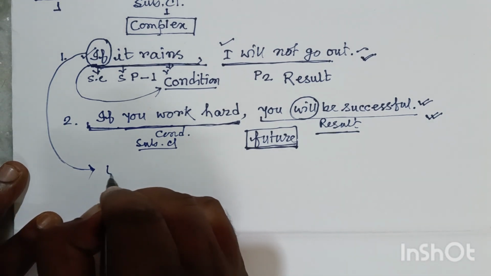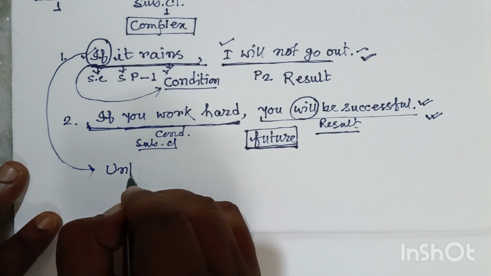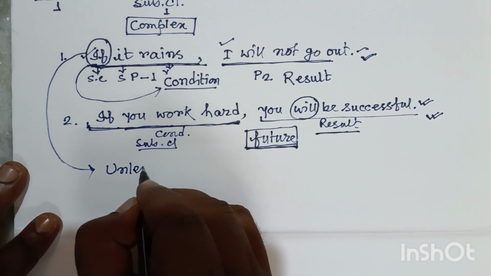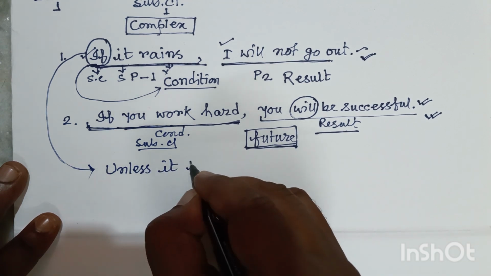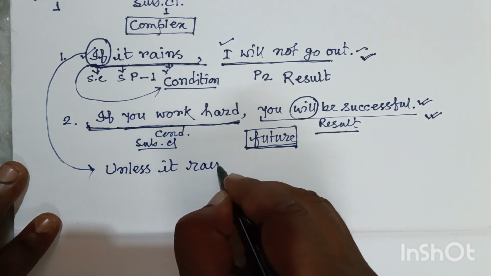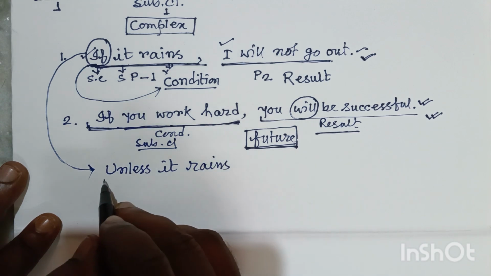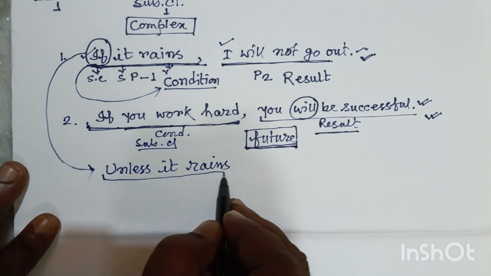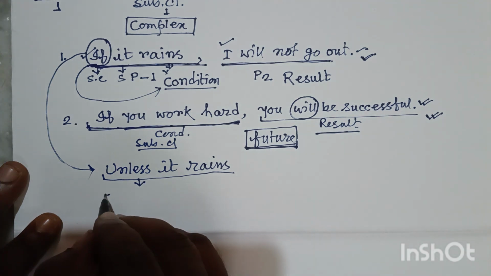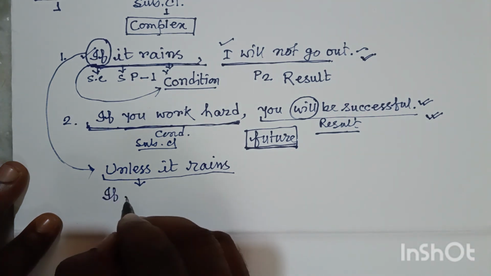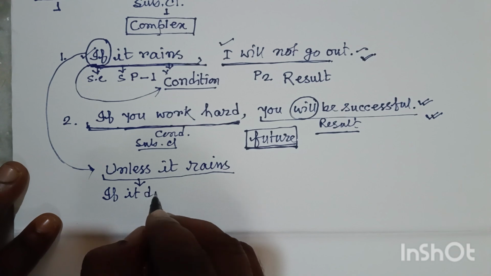Look at this. Unless it rains. My dear friends, this sentence means if it does not rain.